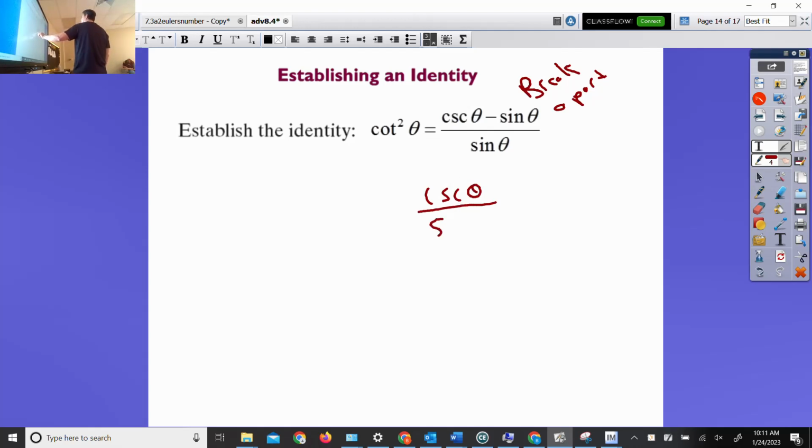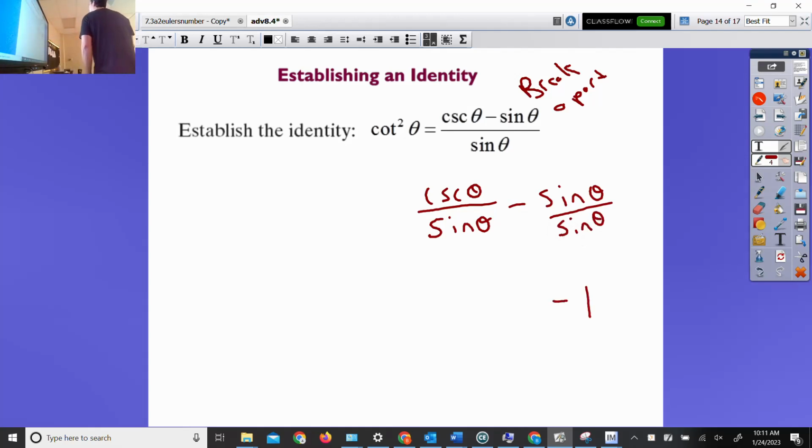Cosecant theta over sine, minus sine over sine, which is just 1. Agree with that? How about cosecant over sine? No, cotangent. Correct. Good. 1 over sine squared. Oh, that's cosine. It's 1 over sine over sine.